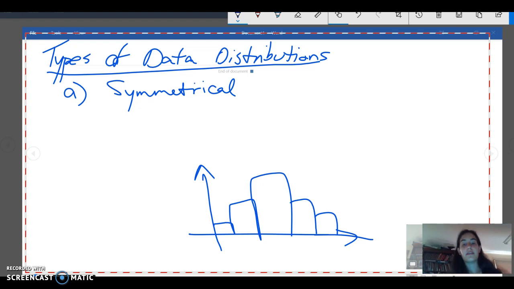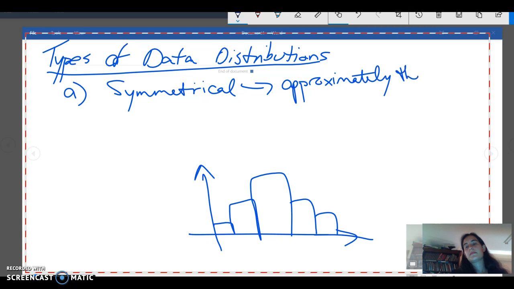This is a symmetrical looking histogram, and when that happens, it has approximately the same shape on either side of the median.